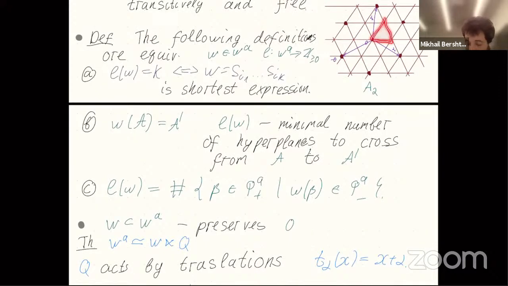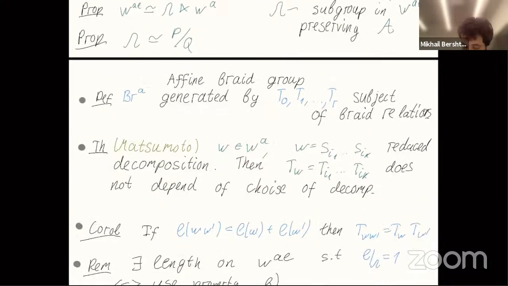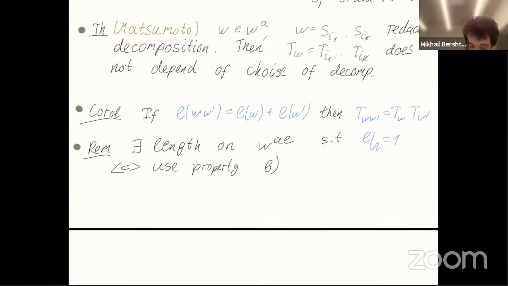So for elements of this group, the length is equal to 0. Sorry, I wrote 1 here, let me correct this to 0.